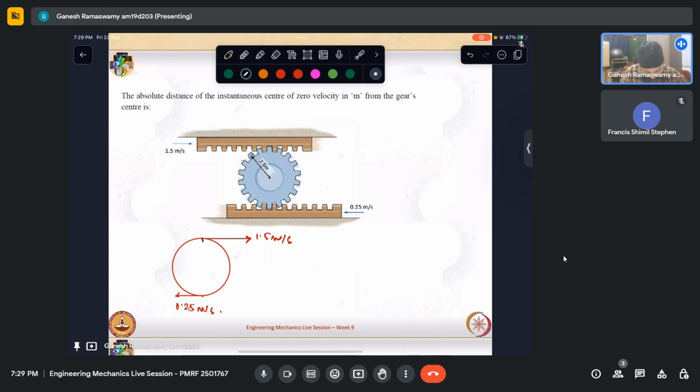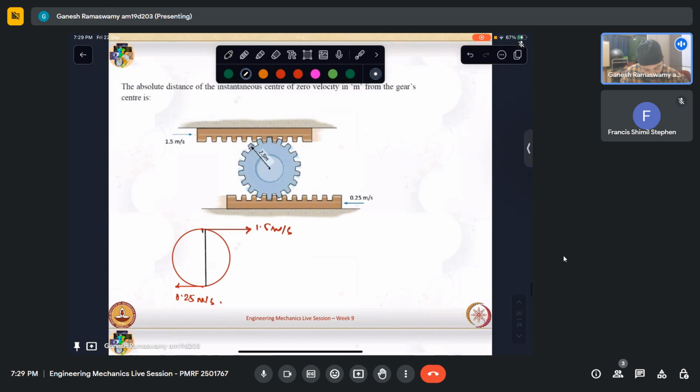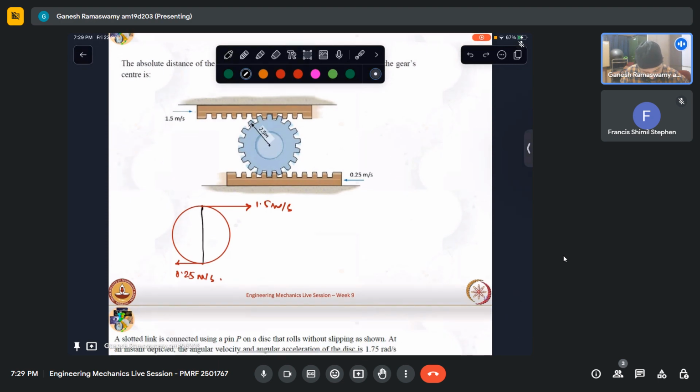Now, how to find the instantaneous center? Just draw perpendicular lines from here. So connect the tips and connect the tails. So this I can connect. The other one is that. So this I have got. So this is my instantaneous center. Do I know this distance?